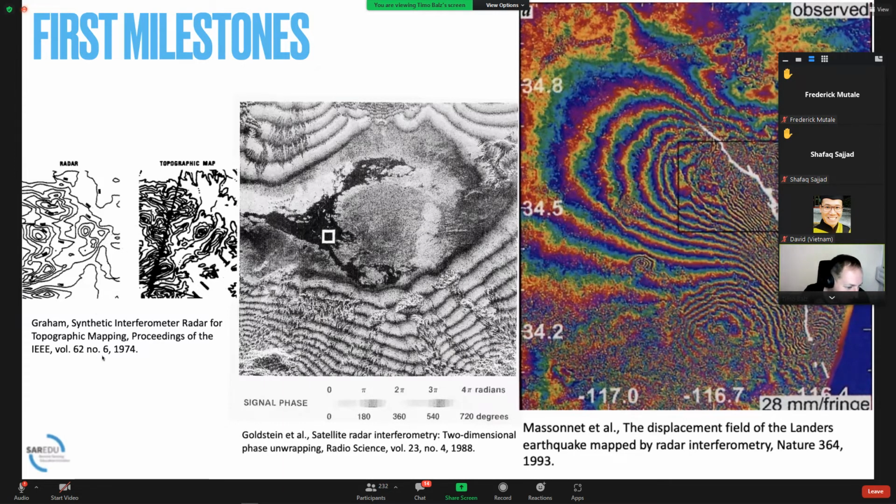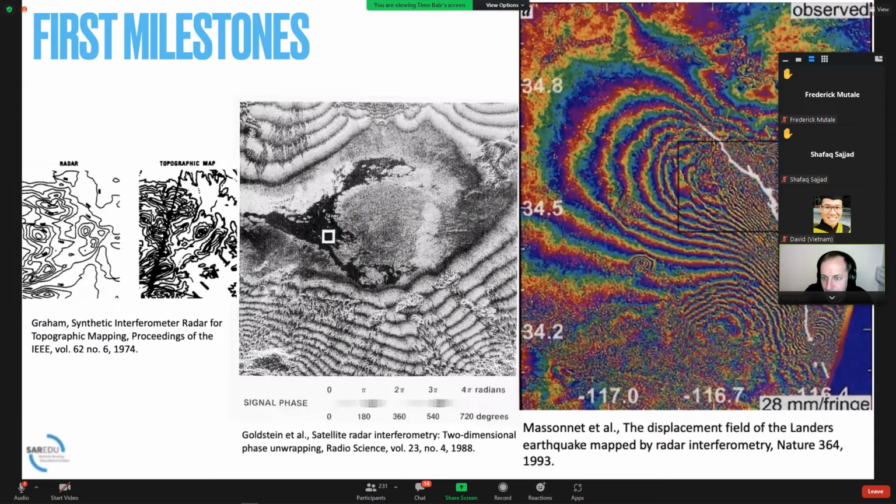The very first one is from radar for topographic mapping from Graham. 1974 is the first mention of it. Basically, looking here on the left side is the radar image, looking at these fringes. These lines that you also see here we call fringes. We come to that a lot.